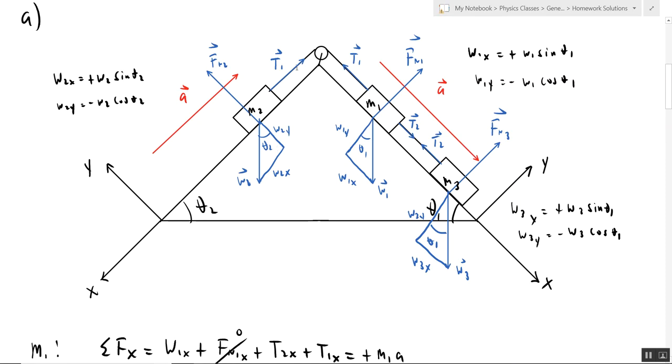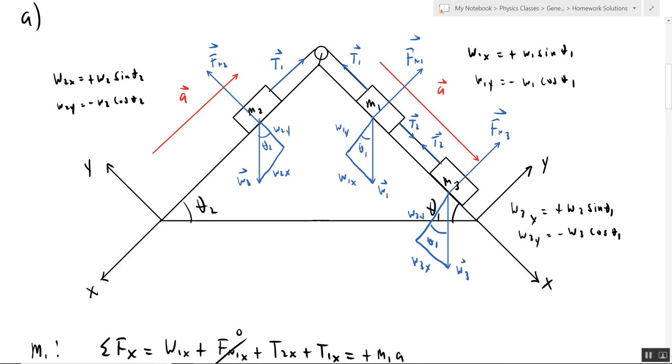Mass 1 is connected, the other end of the rope is connected to mass 1. So mass 1 has a tension on it going up the rope, along the rope. And the amount of the tension is the same as this tension here. This is also negative, going in the negative x direction because you're going up the incline. And then you have a normal force and a weight force for mass 1, just like mass 2, right?